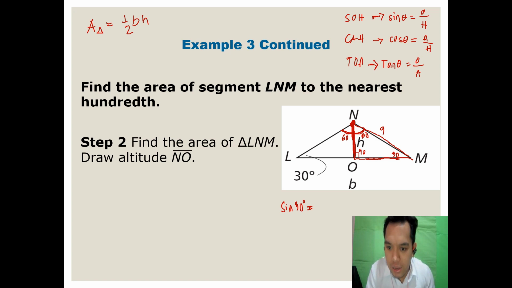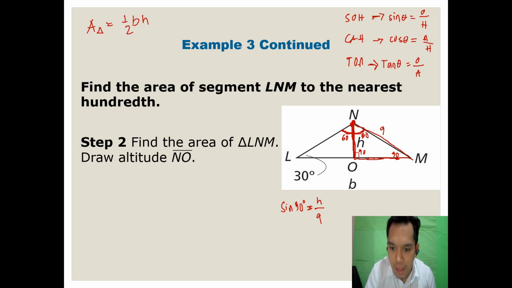Itong ating height. So height over yung ating hypotenuse, which is 9. Okay, so cross multiply natin.